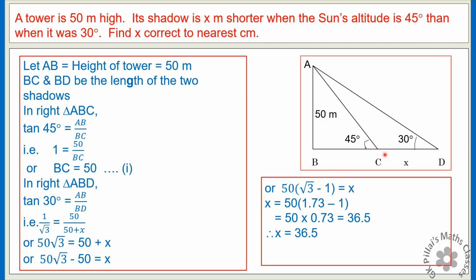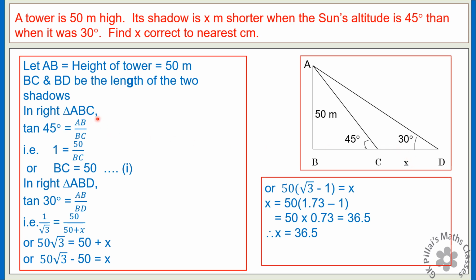One is BC and the other one is BD. BC is when the angle of elevation is 45 degrees and 30 degrees BD. So when the angle of elevation is 45 degrees, the length of the shadow is x meters shorter and you have to find the value of x.